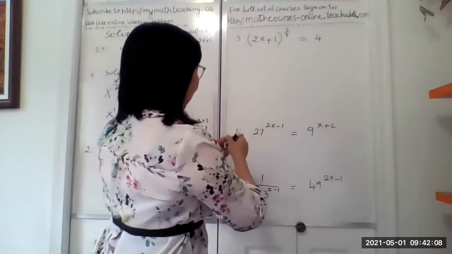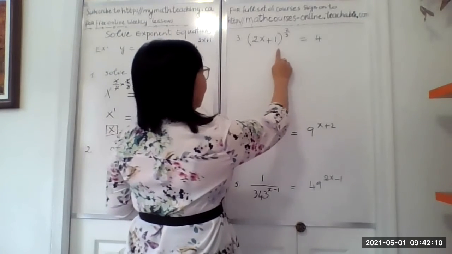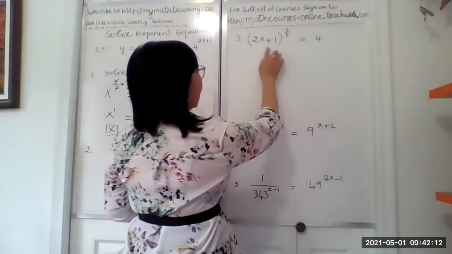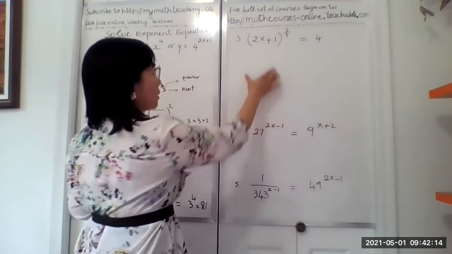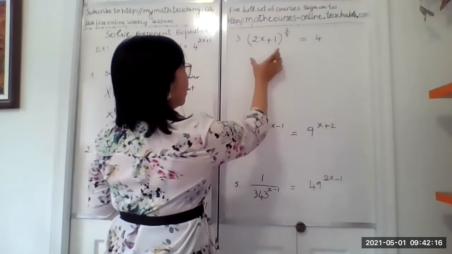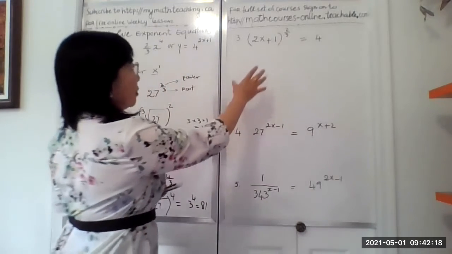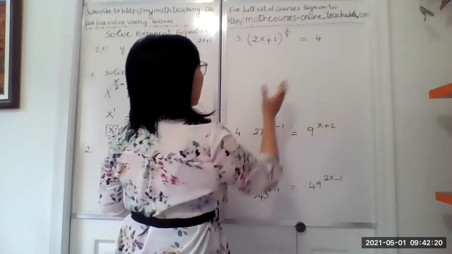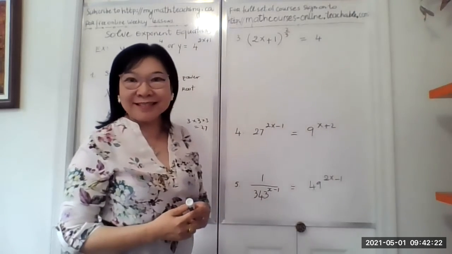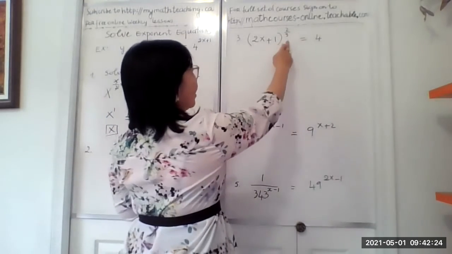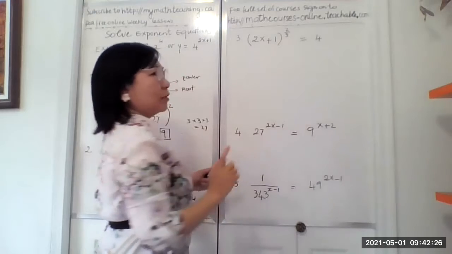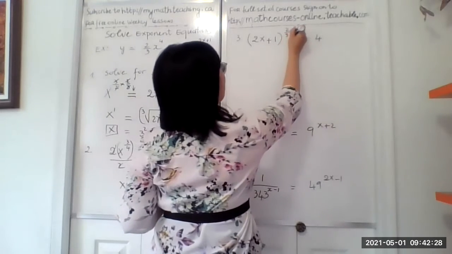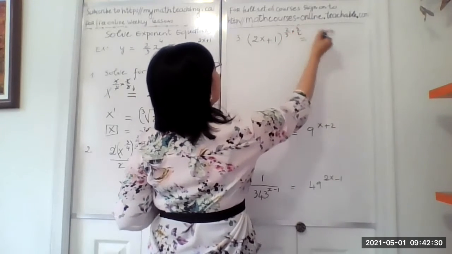So now I'm going to go to the next question. You see that this is different, right? Because we have a bracket, we have a whole expression instead of just one number like this. But the way we deal with it is very similar. So to get rid of the fraction power on top, I have to times with 3 over 2.